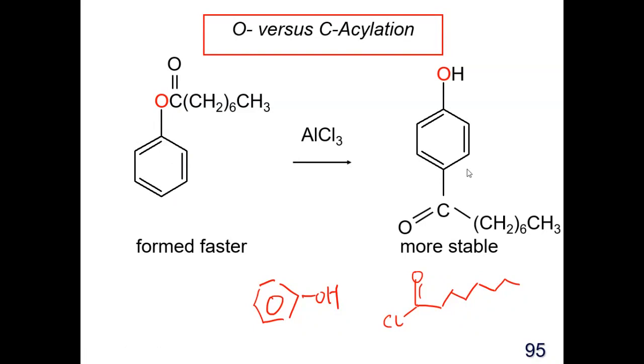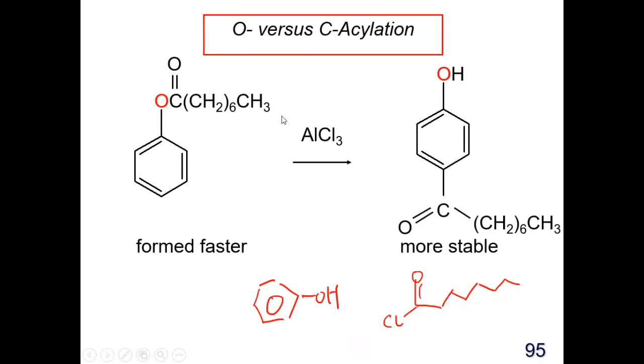Why is that the case? Because aluminum chloride here is a powerful catalyst. It can promote the formation of the acylium cation, even from this one.